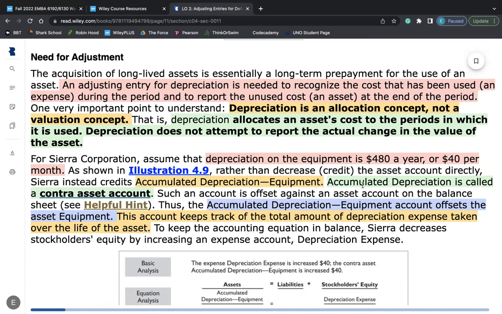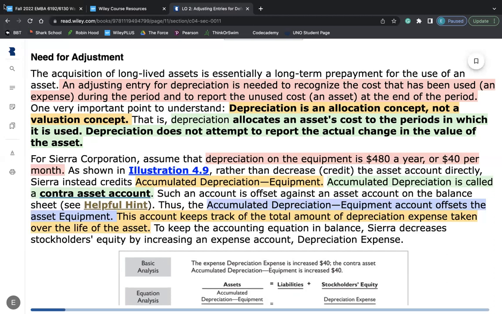One very important point to understand, depreciation is an allocation concept, not a valuation concept. That is, depreciation allocates an asset's cost to the periods in which it is used. Depreciation does not attempt to report the actual change in the value of the asset. That's the tricky part right there that I was talking about.